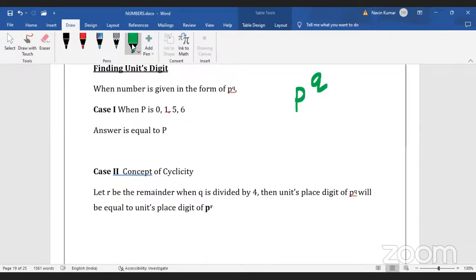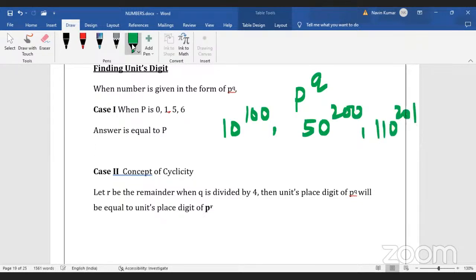If the base's unit digit is 0 or 1 or 5 or 6, then the answer is equal to p, base only, unit digit only. For example, 10 to the power of 100 or 50 to the power of 200 or 110 to the power of 201, anything.